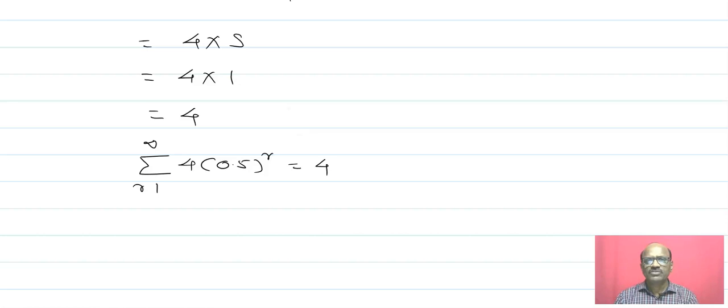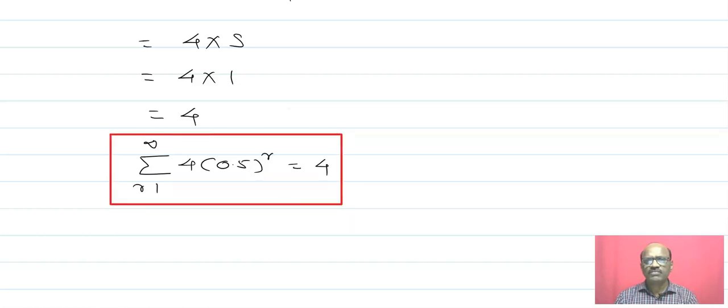Therefore, summation r equals 1 to infinity of 4 into 0.5 bracket raised to r is equal to 4.